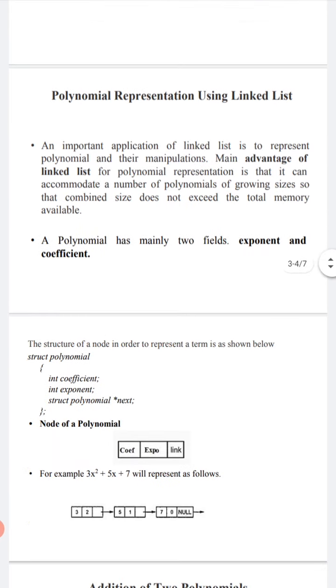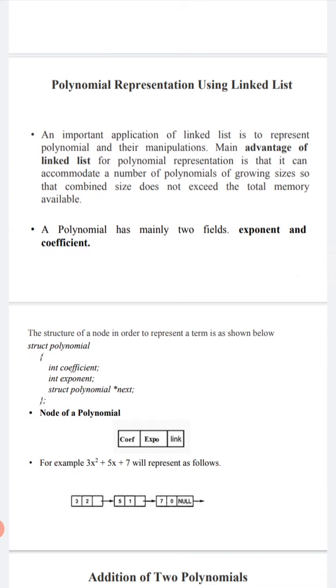Then in the second unit, the polynomial representation uses a linked list. The important application of a linked list is to represent polynomials and their manipulations.